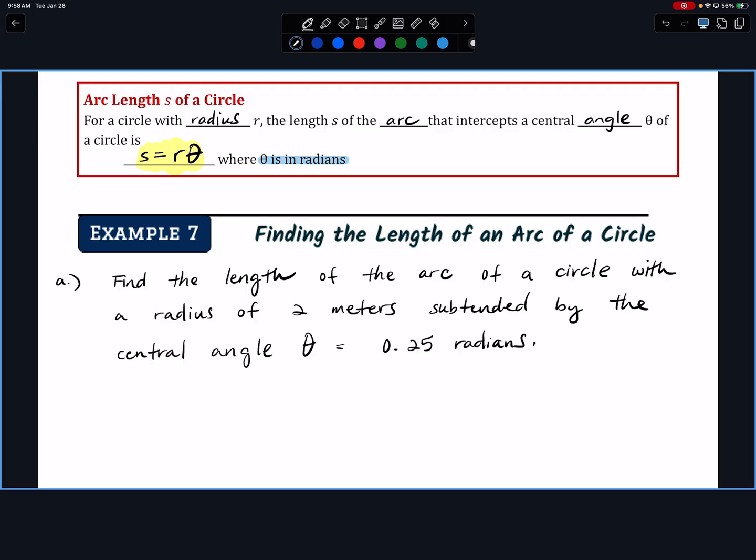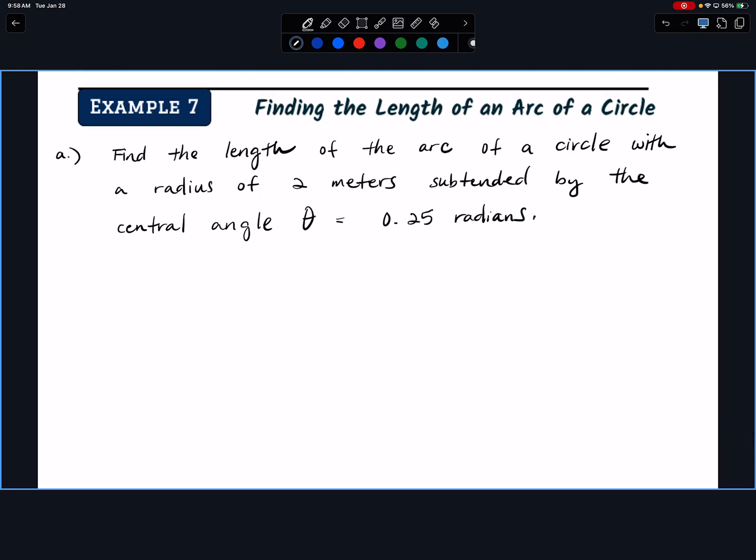All right, so what the heck does this mean? Visually, we have some circle with a radius r. It doesn't matter where I draw the radius, it's always the same distance. So if this is r, then I could call this r also. We have some angle theta.